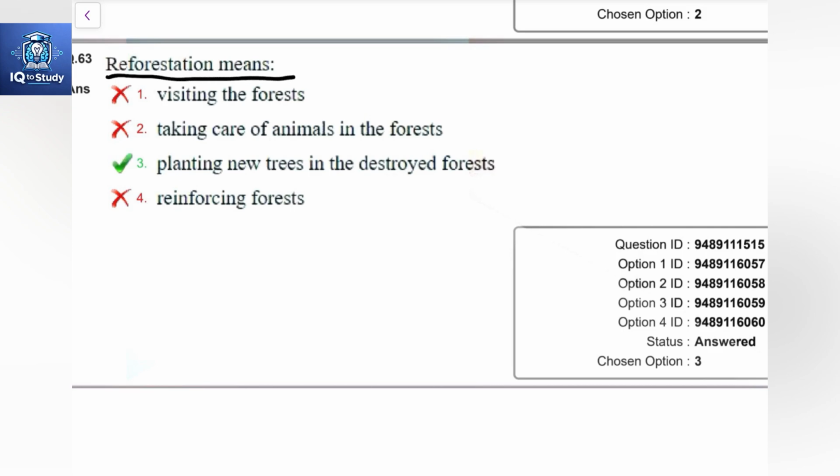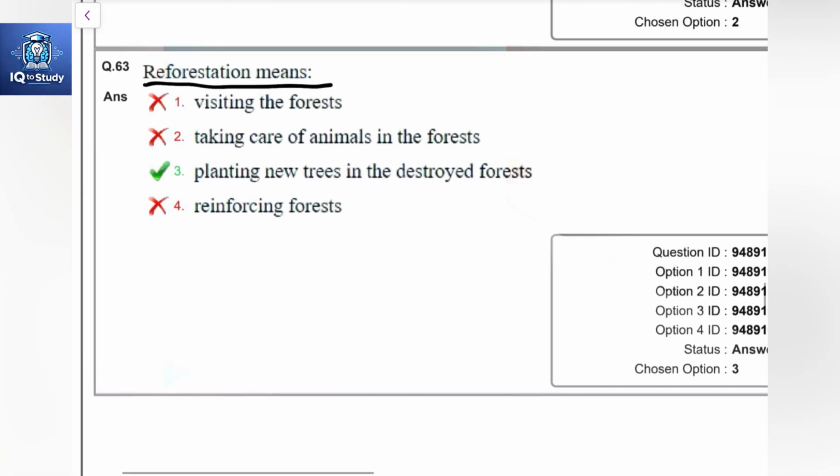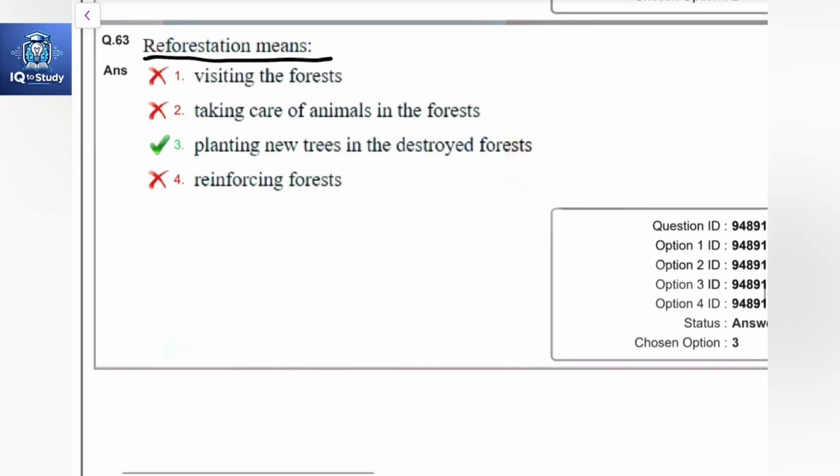Reforestation means planting new trees in the destroyed forest. It is the regrowing of forests that have previously been cut down using tree species that are native to the geographic area.